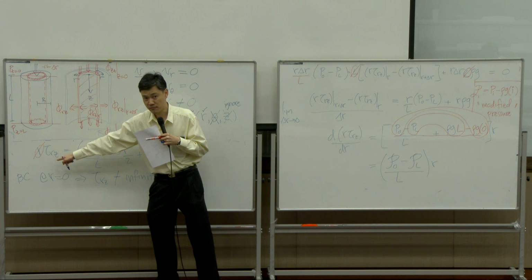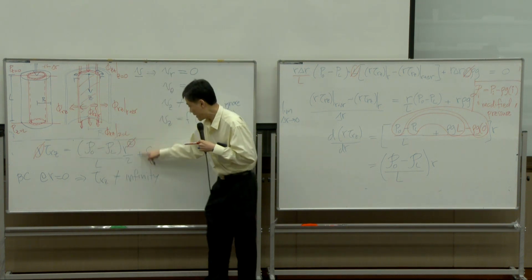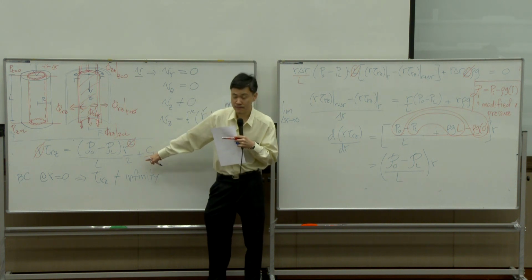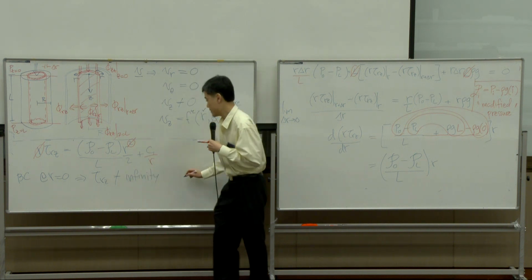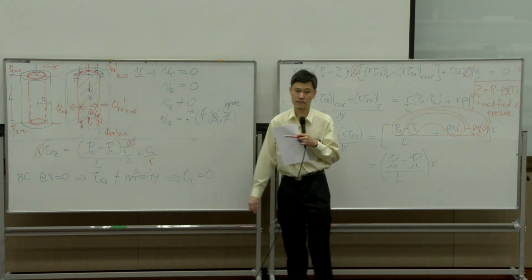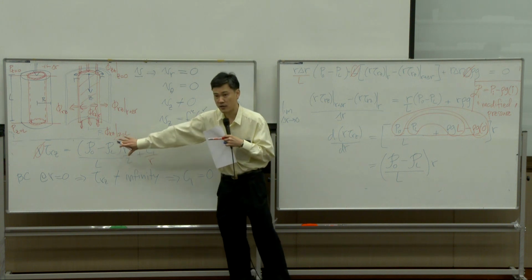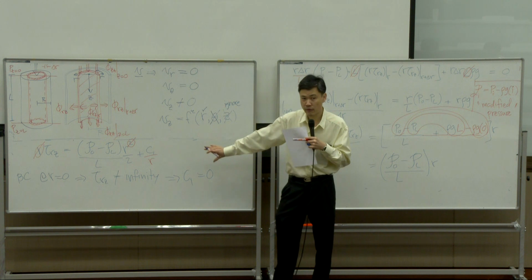We do not know, but we know that it is not infinity. But if you allow this term to exist, it would end up with infinity. The only way that tau will not be infinity is that C1 is 0. So if C1 is 0, this term will be gone. The whole equation is true. So this is the mathematical trick that I said.